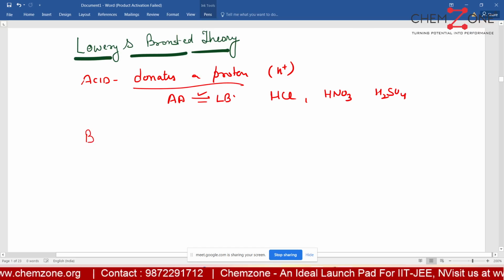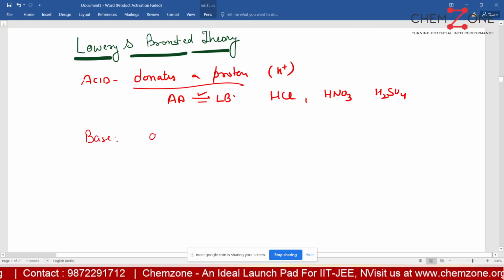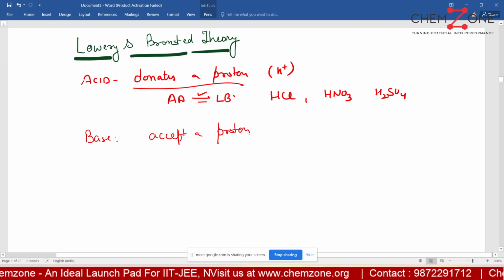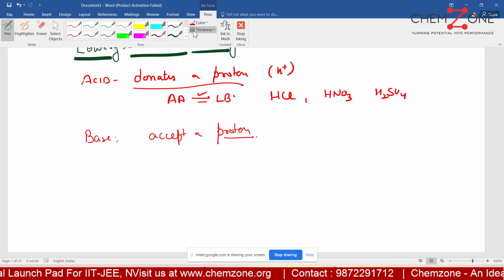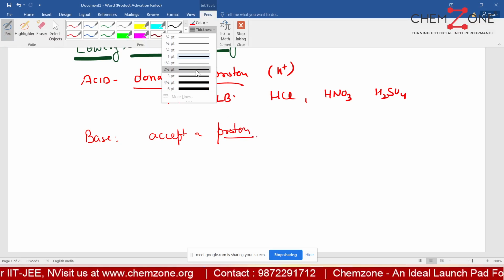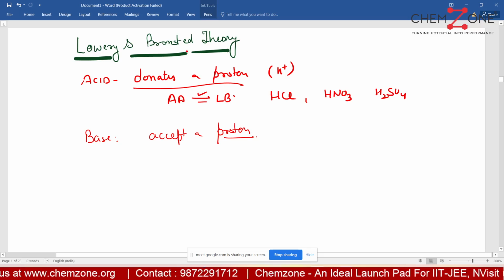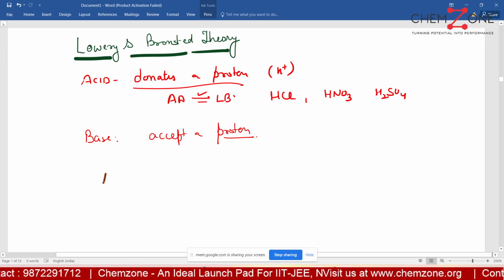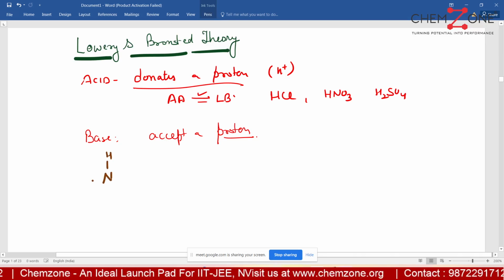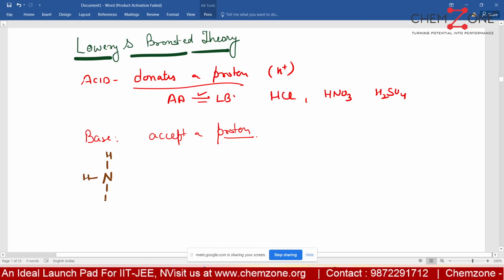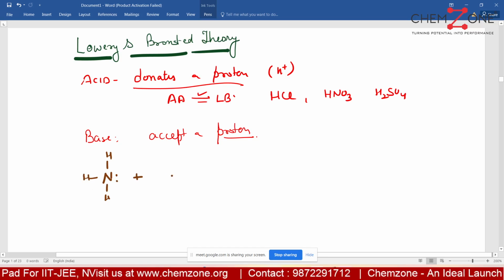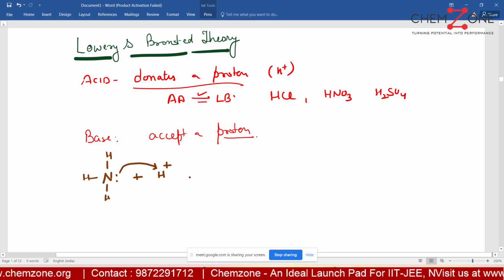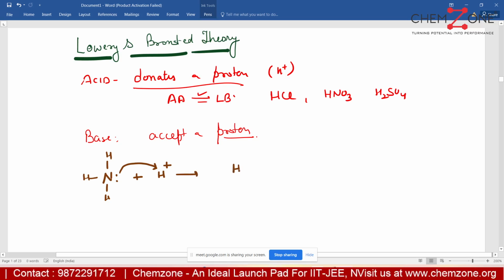And a base is the one which accepts a proton, but an Arrhenius base is the one which donates OH ion, which furnishes OH ions. Now, suppose I have a molecule of ammonia, NH3. We are adding a proton. The lone pair is donated to the proton and it is now accepted here.